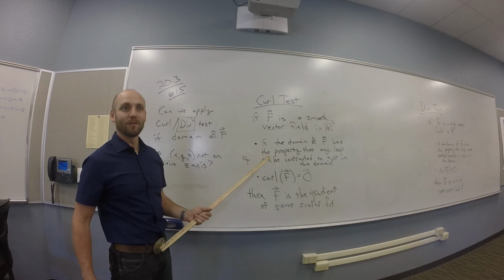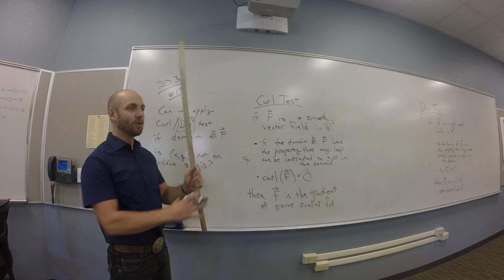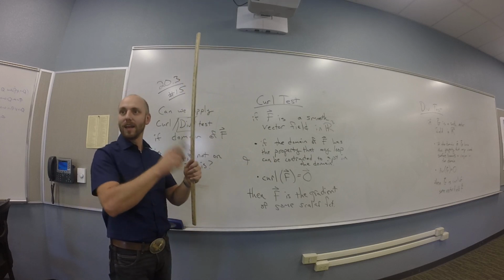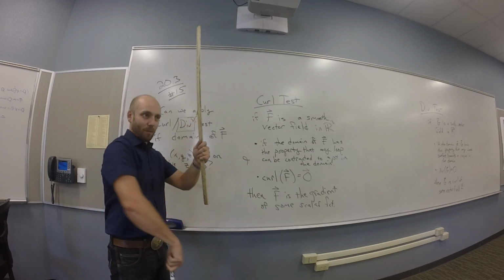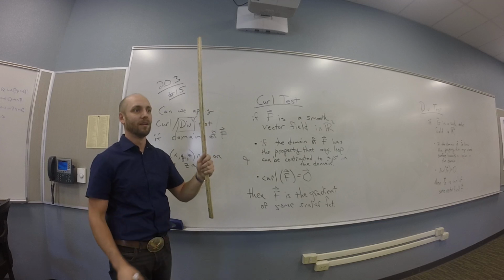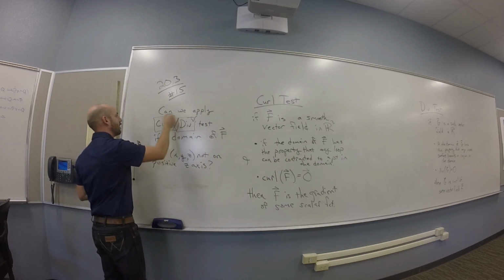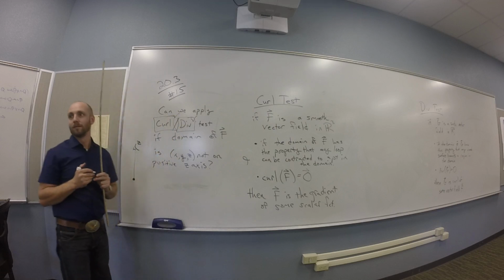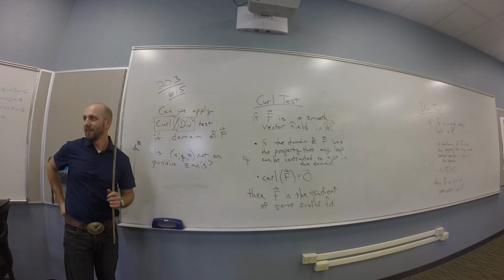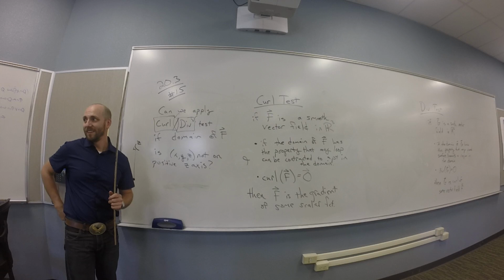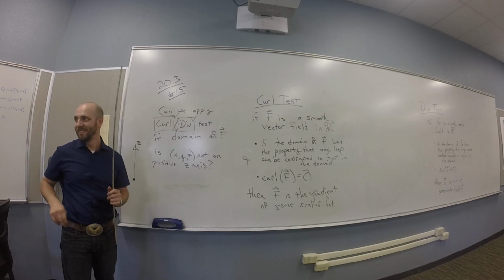I'm looking for problems. So if any loop can be contracted, any loop that you draw around this thing, you can pull it off the bottom and zip it down. That's a yes, you can apply the curl test. You guys see this? Does that help, Leslie? Pulling it off and zipping it closed. Yeah.